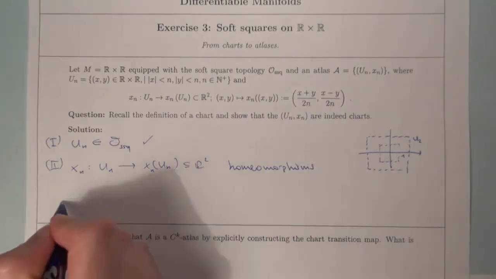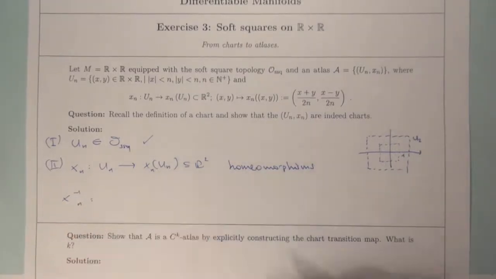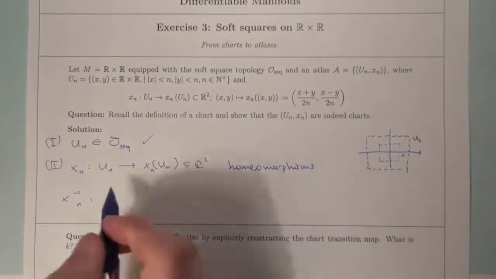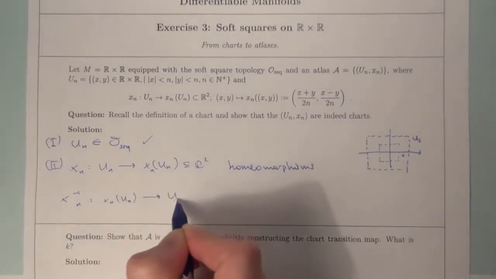The other direction, we need to calculate the inverse that goes from x_n of U_n into U_n.